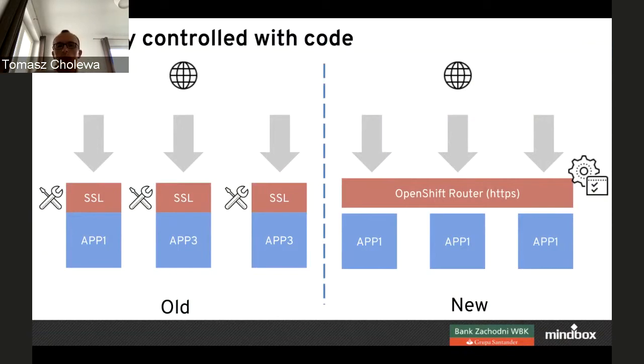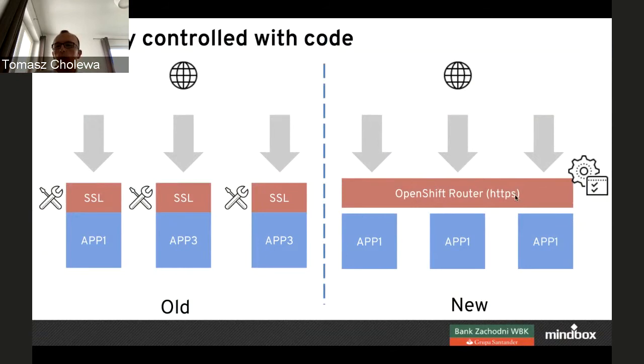Some of them were fixed in the next version of OpenShift, for example, changing the type of algorithm used for securing traffic. But what was interesting is that we found many duplicates, and it quickly turned out that those duplicates came from the fact that we used the OpenShift router to secure all traffic to applications.